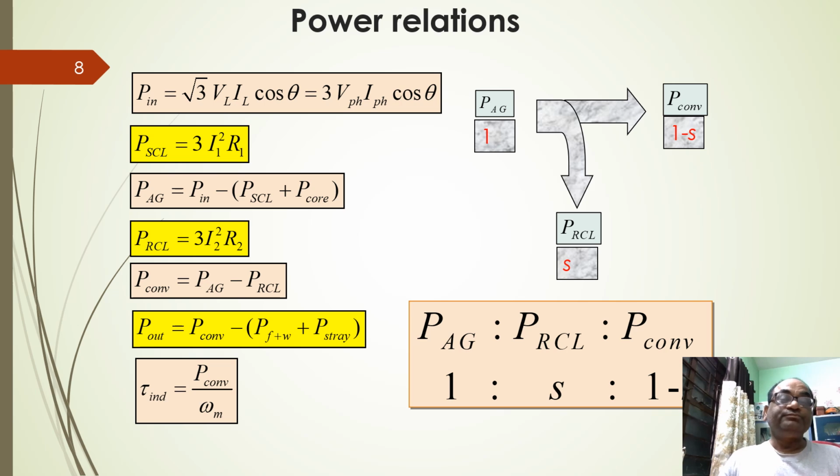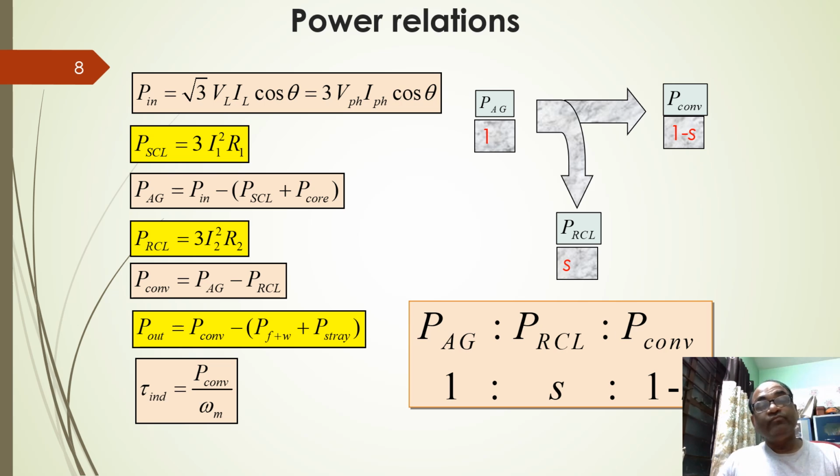Now, rotor copper loss is equal to 3, as it also has a 3-phase winding. Needless to mention, it is 3 times the square of the rotor current multiplied by rotor resistance.